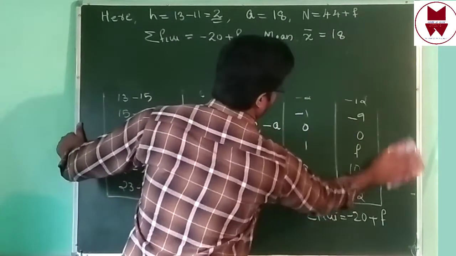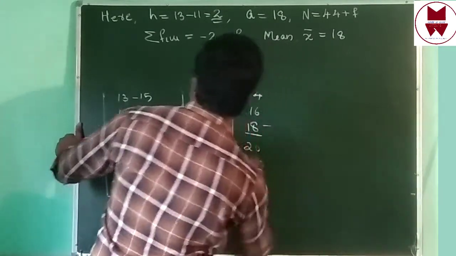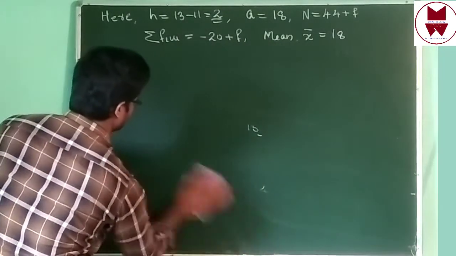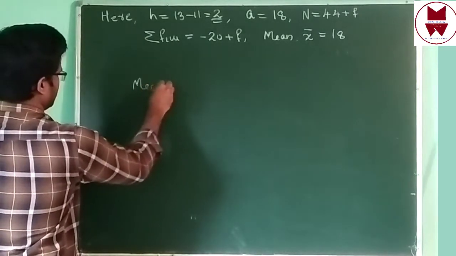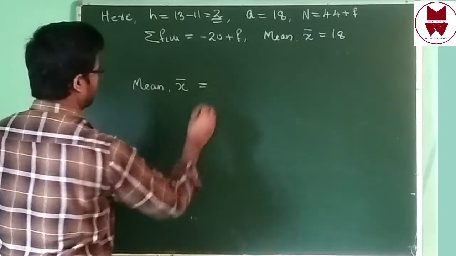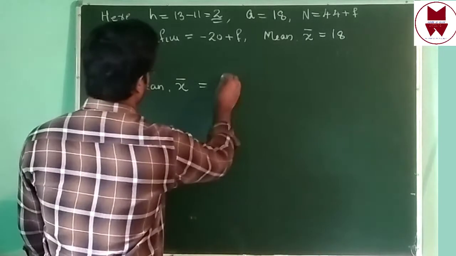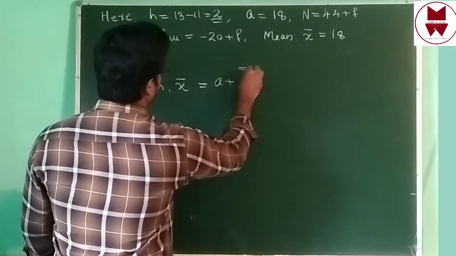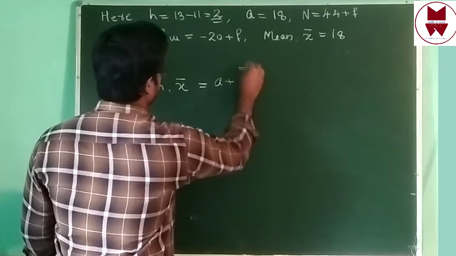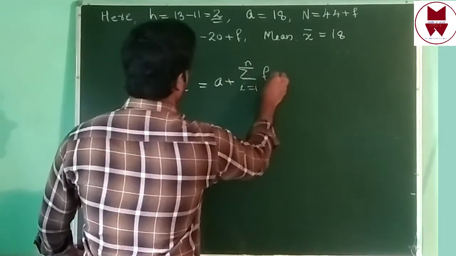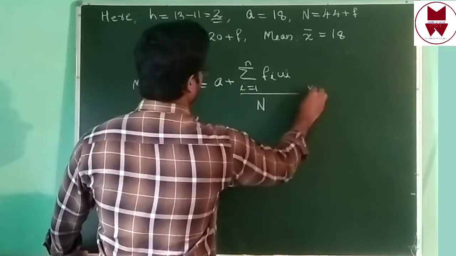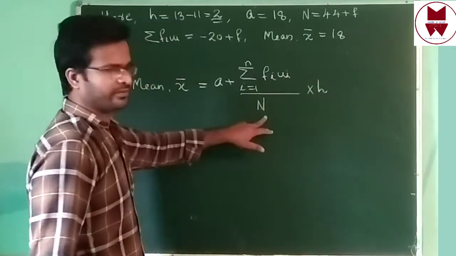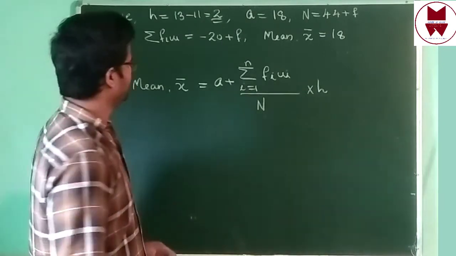Now we can use that formula. Mean x bar equals a plus sum of i equal to 1 to n f i u i divided by n, into h. n means summation of f i only.